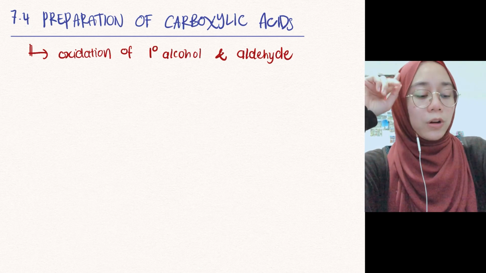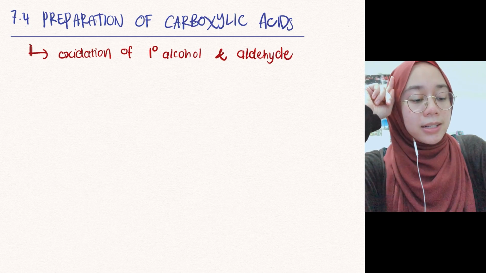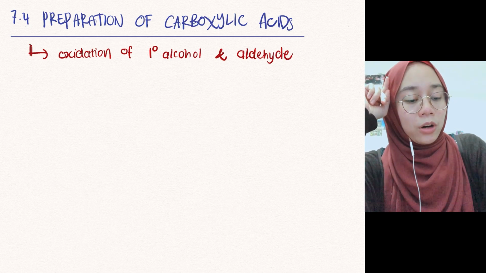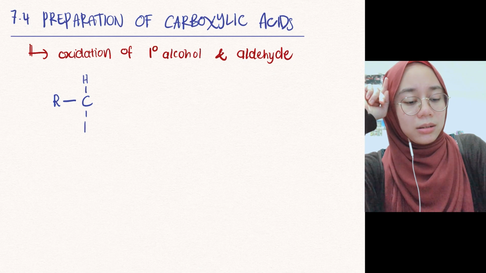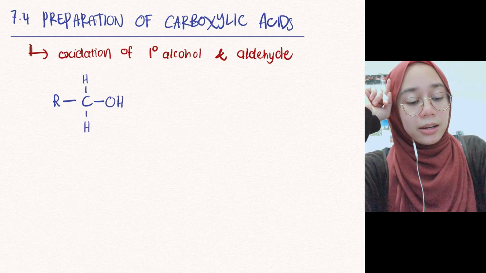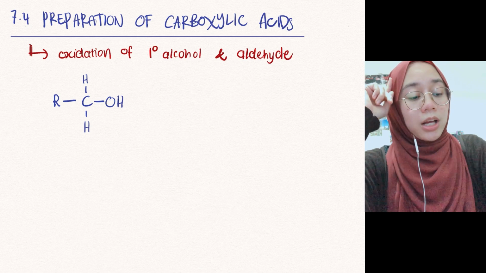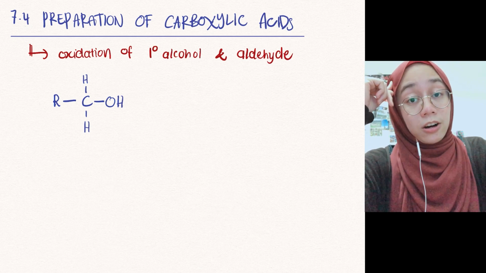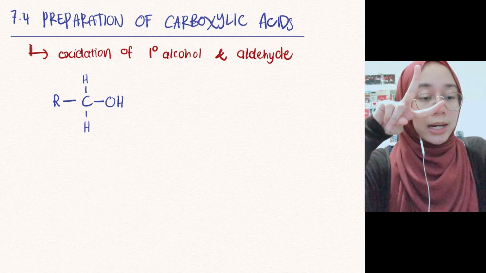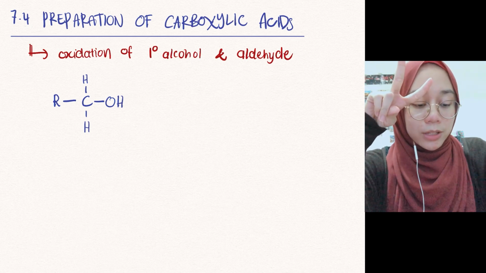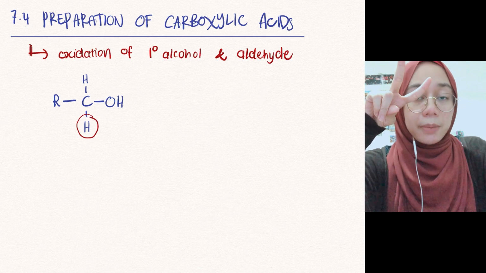Okay, so if we look at it generally, the primary alcohol's general formula. Okay, so this is primary alcohol. So oxidation of alcohol is always about removing 2 hydrogens. From where do we remove those 2 hydrogens? From the carbonyl carbon.